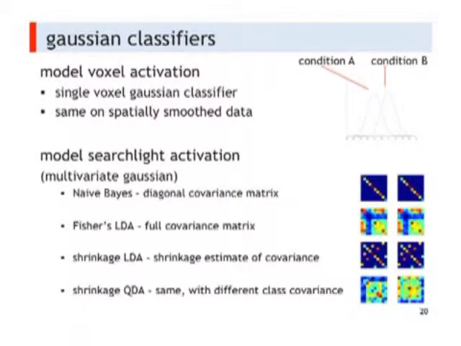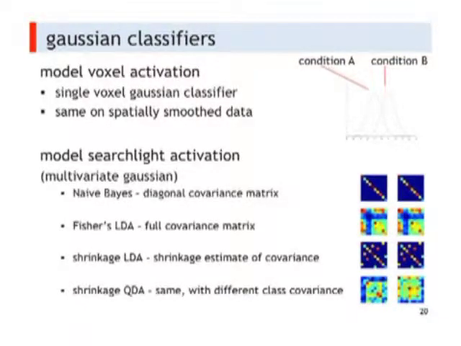You might have come across Fisher's linear discriminant analysis, and this is just saying, assume that there is a covariance structure for all the voxels, grab that, and then you can turn that knowledge, that model of the voxels' activation, into an optimal decision, assuming that that model is true.